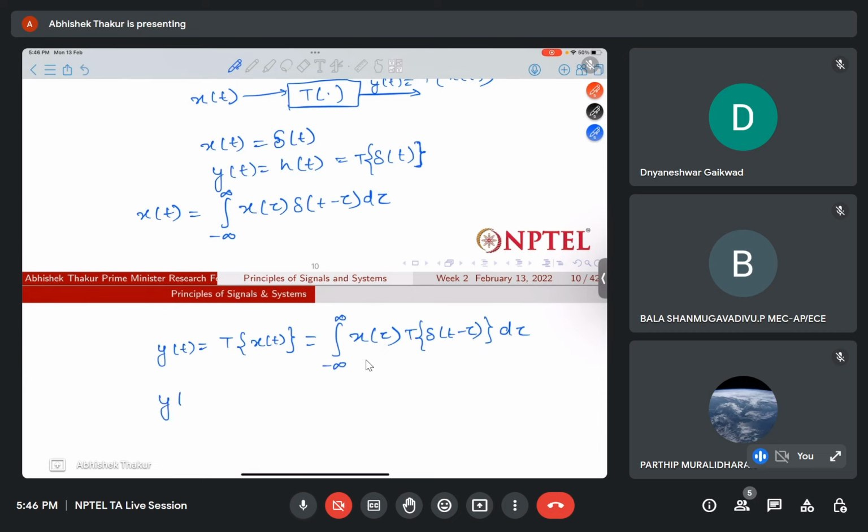So yt is equal to the integral from minus infinity to infinity of x tau, and the transformation of del t minus tau will be h t minus tau, because the transformation of del t is equal to ht. So the transformation of del t minus tau is equal to h t minus tau.